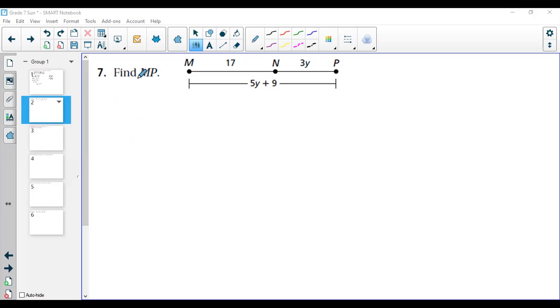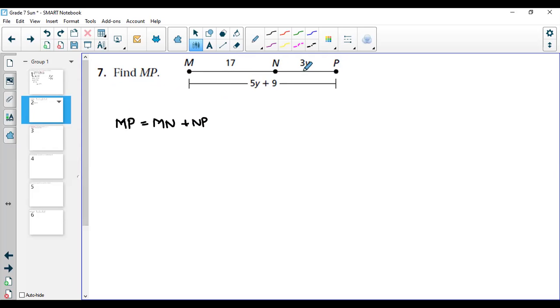So we need to find the distance from M to P, MP. Okay. So first understand the picture. M to P, they have given the whole length is 5y plus 9. M to N is 17, N to P is 3y. So let's write the equation first. To write the equation, as I always said, write the whole length, that's MP, equals the two parts of the line, MN plus NP.